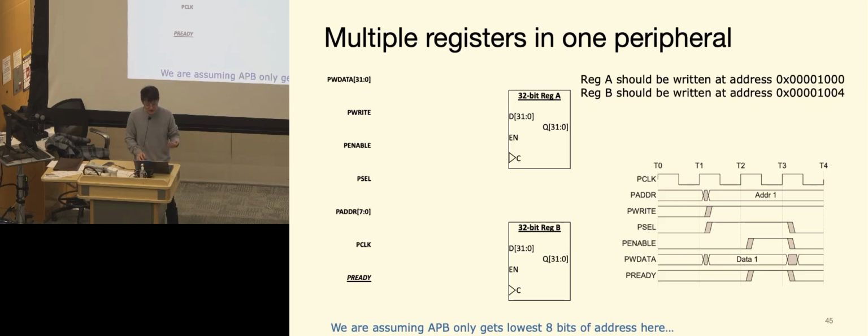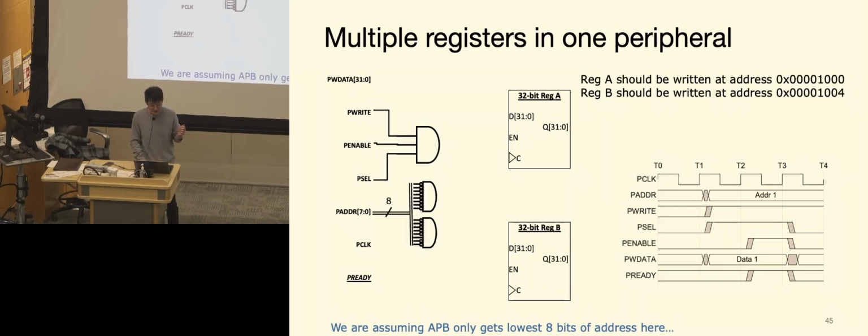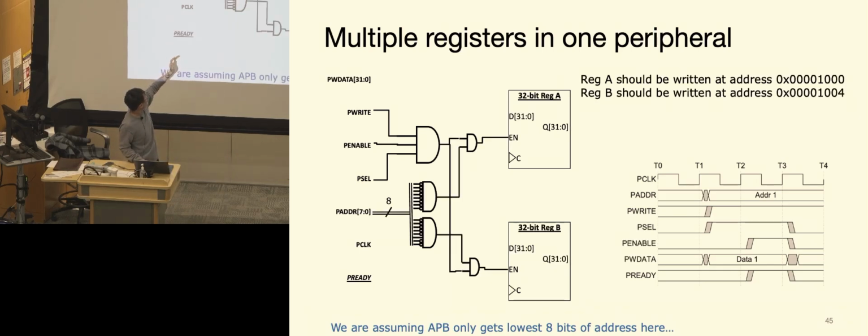And multiple registers in one peripheral, as it's similar to before. We have all three of them connected: selected, enable, and then they connect to the enable pin individually on two of them.